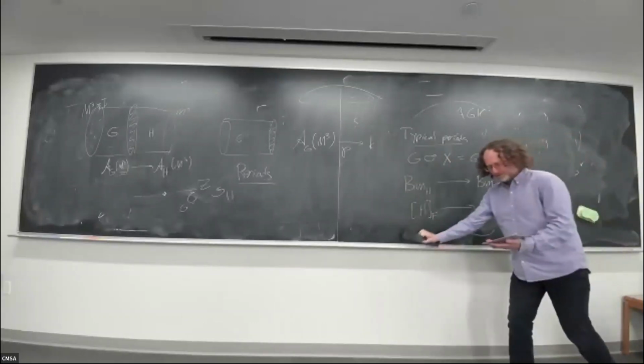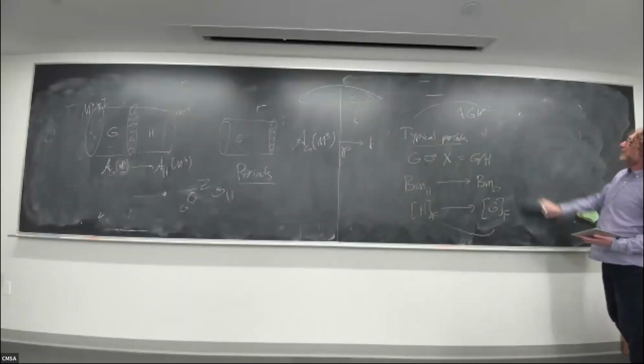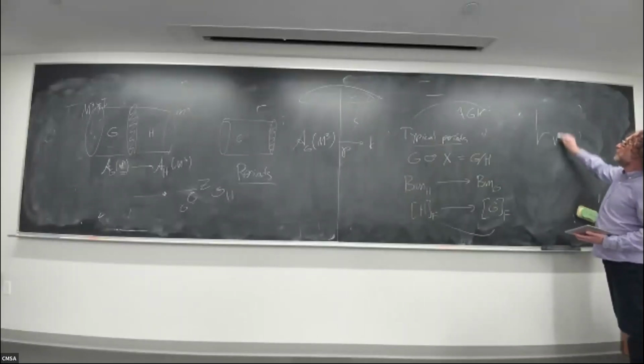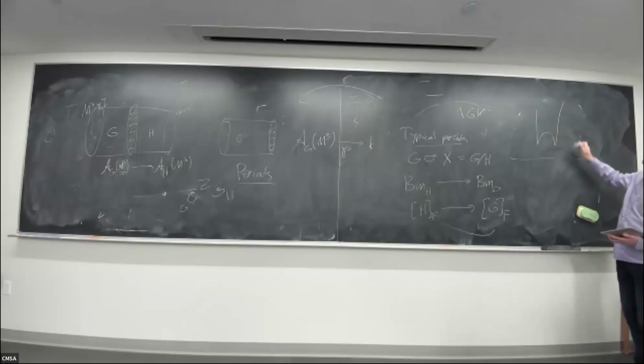And just to draw a picture, the classical periods: if I take a modular form on the upper half space, this is my shorthand for a modular form. If I give you a modular form, there are a couple of interesting periods you can look for. My group here is PSL2.